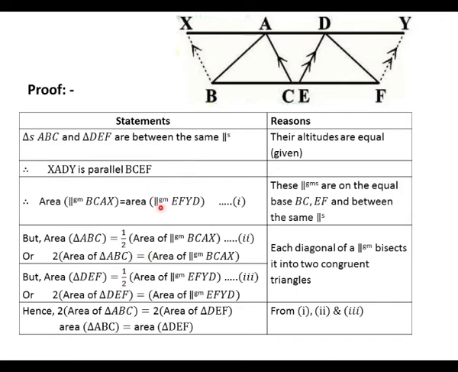So the right hand side will be replaced by 2 times the area of triangle DEF. This 2 and this 2 will both be cancelled from the left hand side and right hand side of this equality. And what we'll have, area of triangle ABC is equal to area of triangle DEF. This was to be proved.